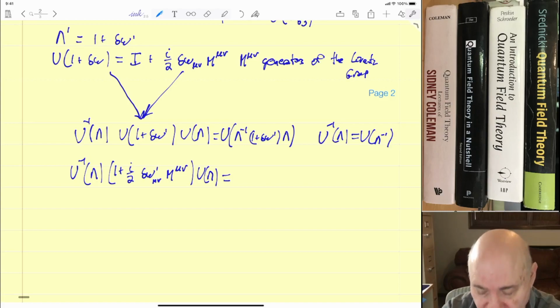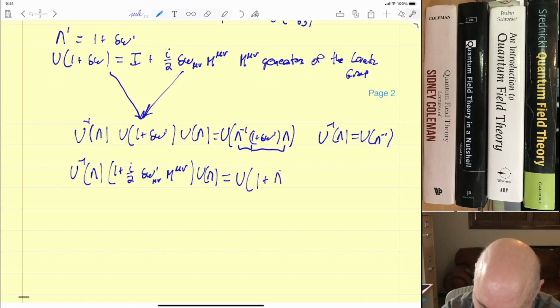But the M's are operators and the u's are operators. So we have to keep track of the order there. And now this is equal to u of, and we can do this multiplication. Lambda inverse 1 lambda is just going to be the identity, 1. And then I'm going to get plus lambda inverse del omega prime lambda.